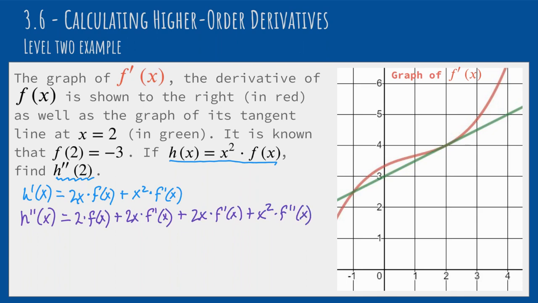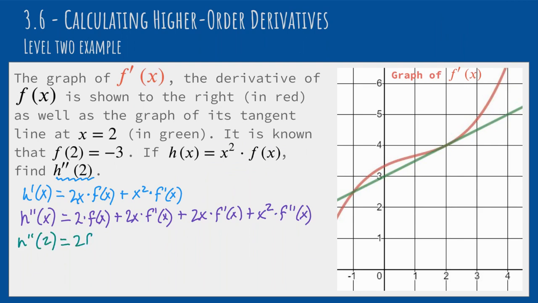So just starting out this problem, the only thing I really used so far is this definition of h right here. Now the question's asking for the second derivative evaluated at 2, so I'm going to plug 2 in for x.